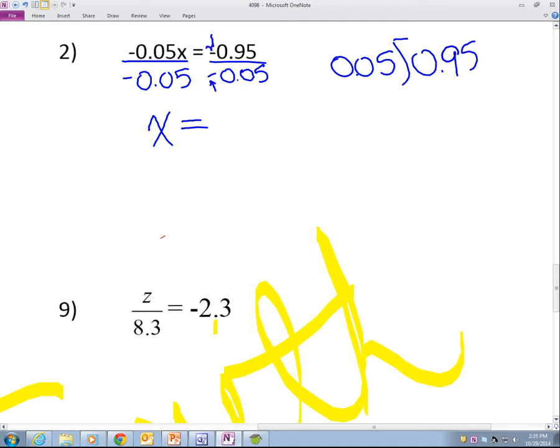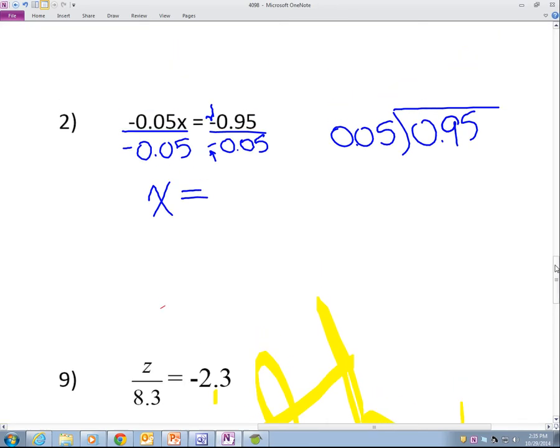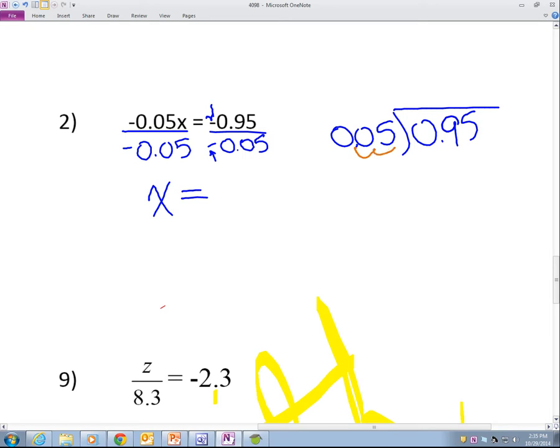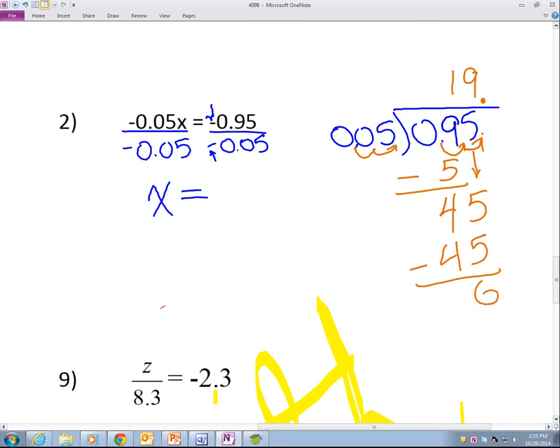And in order to set this up correctly, I have to move the decimal point in the divisor over 2. 1, 2. My decimal point goes here. Five goes into 9 one time. 5 comes down. 9 times 5 is 45. 0 remainder. X equals 19. That's the correct answer for that one.